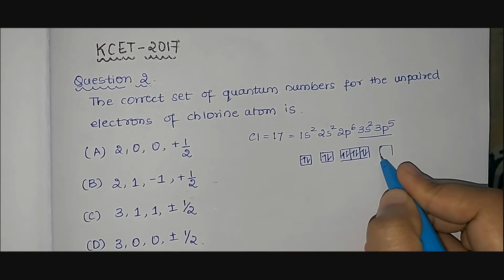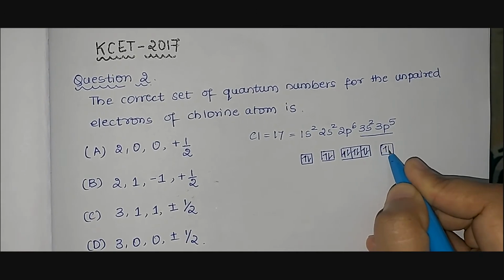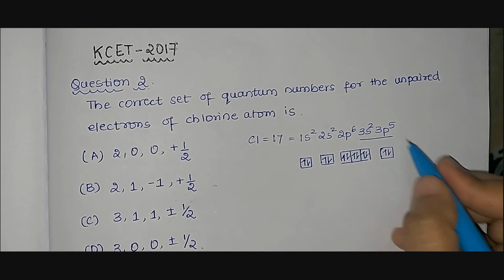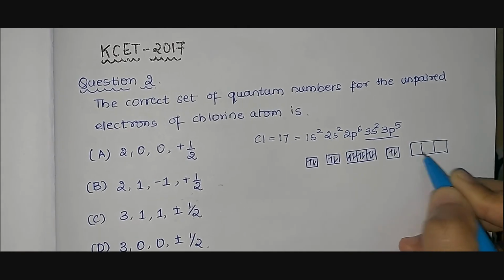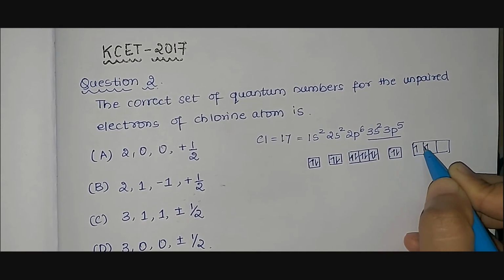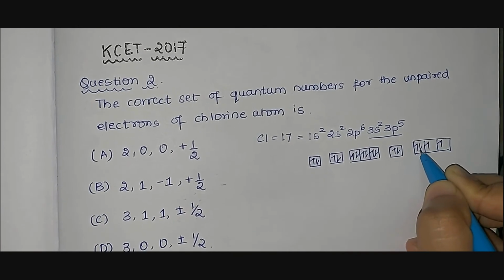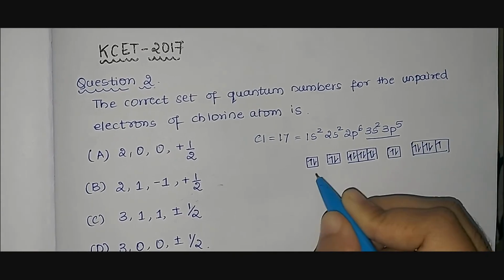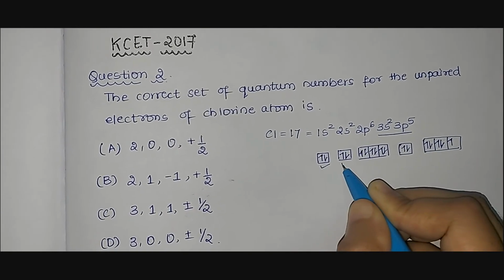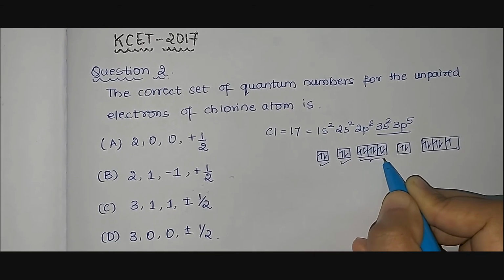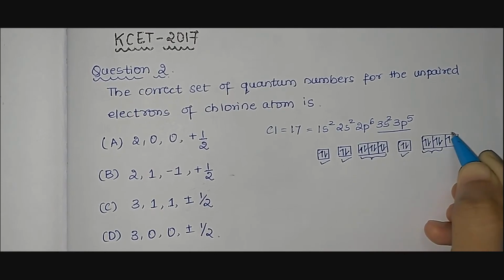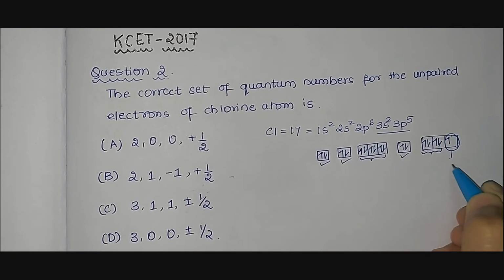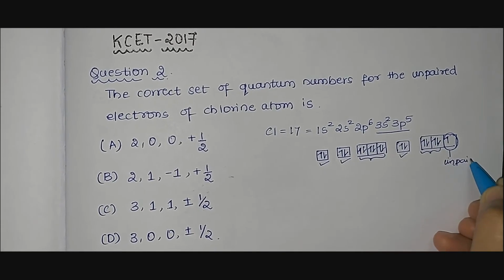Next is 3s2. We have 2 electrons in 3s. Next is 3p5. So we have 5 electrons in 3p. So 1, 2, 3, 4 and 5. Now here you can see that this is paired, all these 3 are paired, even this is paired, these 2 are paired, and this is an electron which is unpaired.